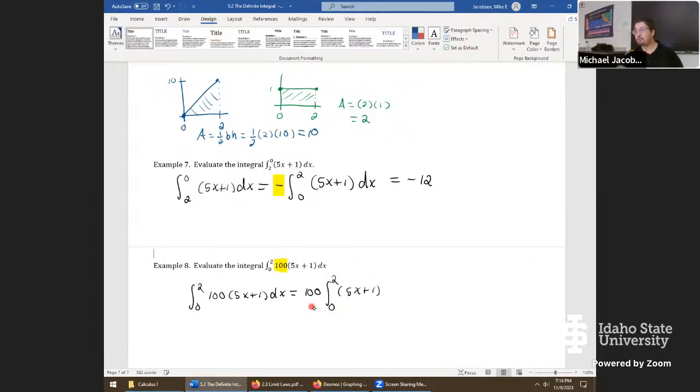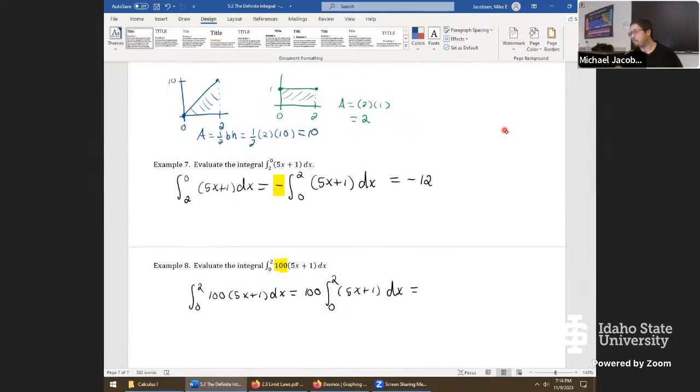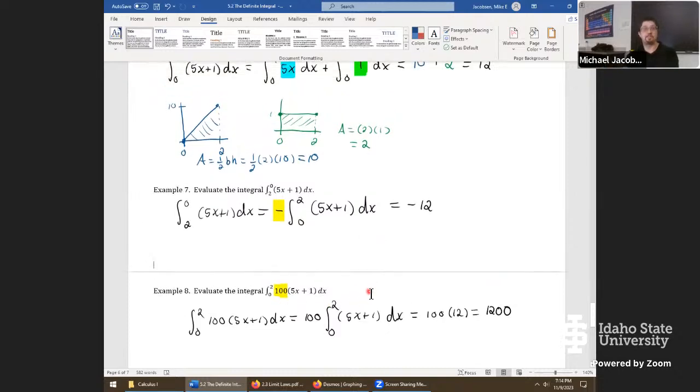It's still integrating from 0 to 2, so it still needs that symbol and the integral sign. So now it's 100 times our integral of 5x plus 1. That was 12 up above, so it's 100 times 12, equaling 1,200. So that's our result on this one here. Any questions, folks, with those kind of fast problems with the concepts of those properties?